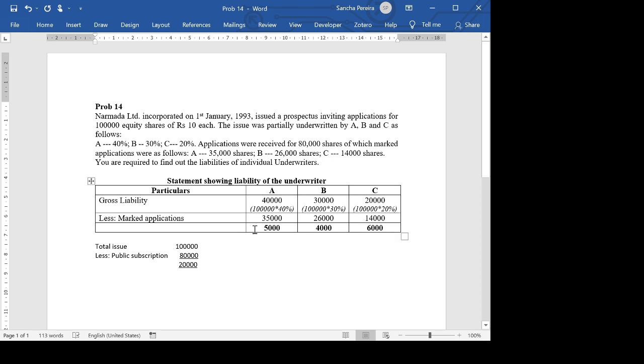Out of this 20,000, how much do the underwriters have to take up? 6 plus 4, 10, 15. So who's going to do the remaining 5? The remaining 5 will be the responsibility of the company. The company has already got 5,000 in its favor from the 75 marked. The remaining 5,000, the company will have to find a way of selling off. 15,000 are going to be taken up by the underwriters.